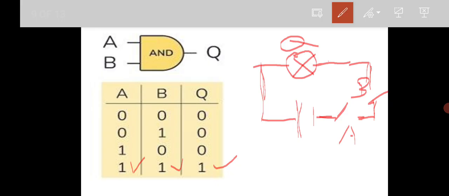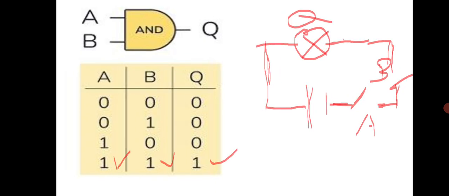That's the action of an AND gate. The AND comes because both A and B must be closed for us to have a high output, a 1.